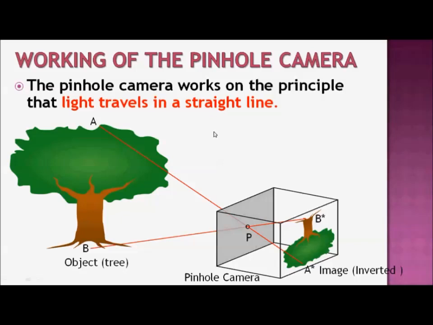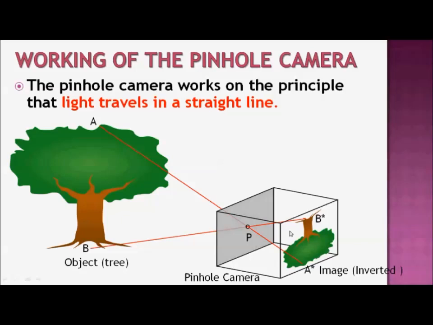Here I am going to show how a pinhole camera works. The pinhole camera works on the principle that light travels in a straight line. Okay. Now here, this is the pinhole camera, which has been pointed at a distant tree.